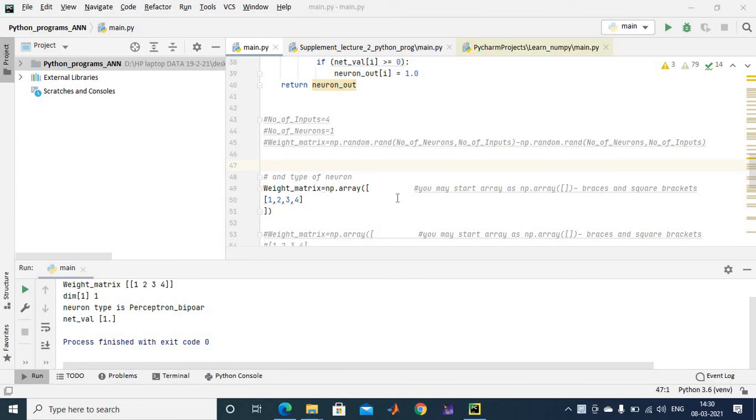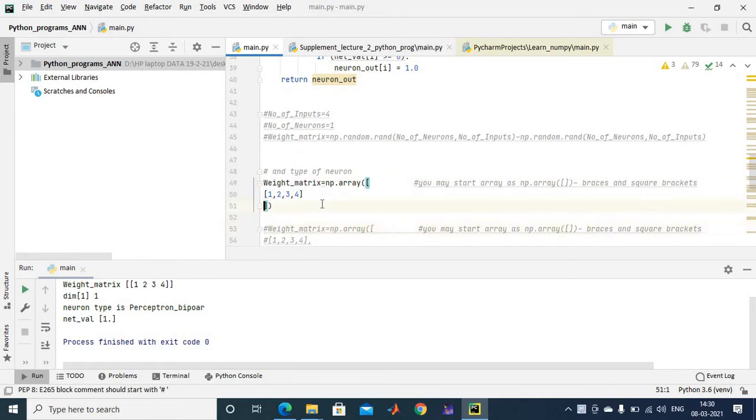So here we will see how to program a very elementary neural network which we have seen. We'll see how input and output relations are implemented.